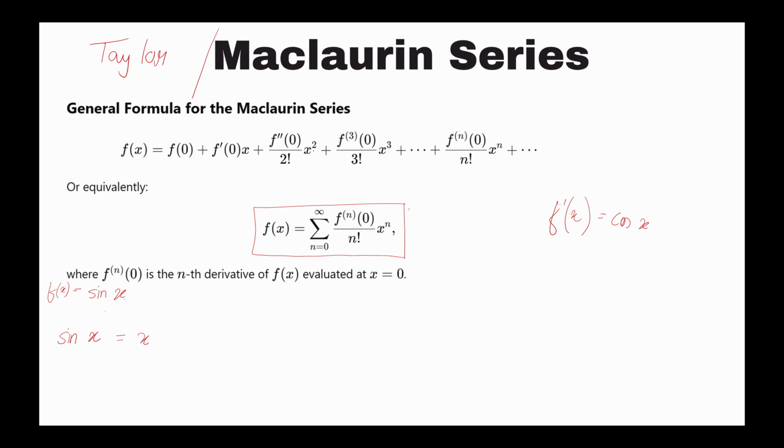F double dash 0, cos x differentiation gives me minus sin x, and if I put x as 0, it would become 0 again. So that is removed again. Differentiated again, minus sin x gives me minus cos x. So from here I would have minus x cube by 3 factorial. And similarly this would go on and I would have this pattern formed, and this would go on up till infinity.